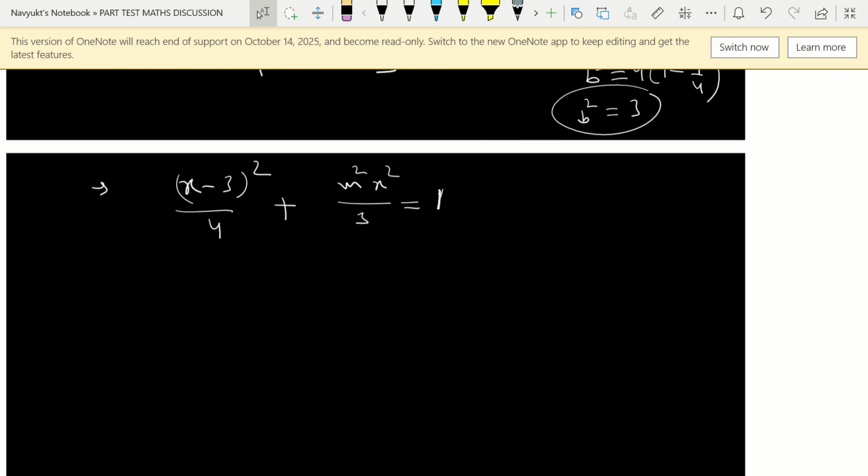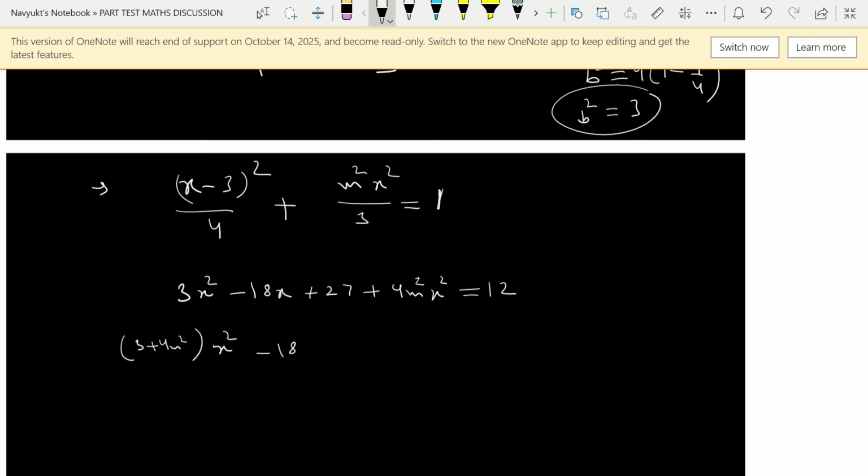So let's find out what it would be. 3 times (x minus 3) whole square, we'll just cross multiply, minus 6x plus 9, which is 3x square minus 18x plus 27, plus 4m square x square equals 12. This gives me the x square coefficient as 3 plus 4m square, minus 18x, and the constant being 15, equals 0.